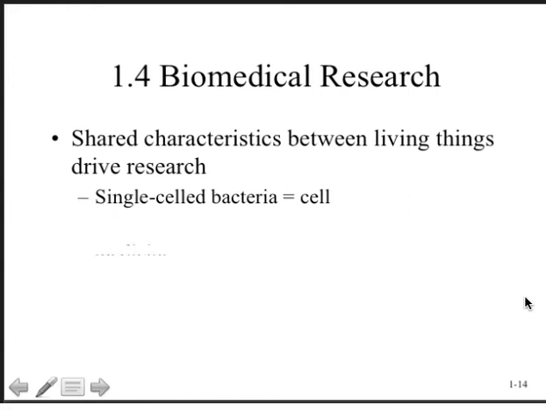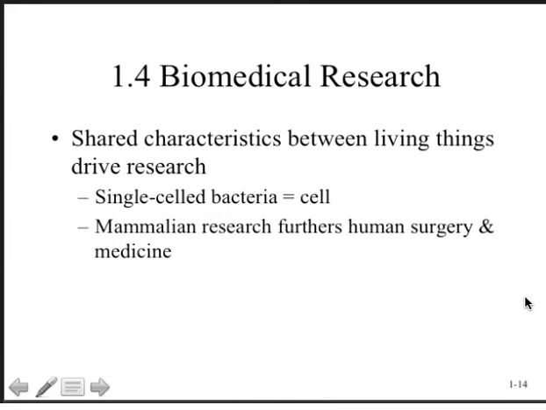We can step up to mammalian research, which will approximate the human condition a little more closely in order to study surgical techniques that we might use on humans and medicines that might be effective in treating human disease by either creating animal models of human disease or simply investigating the effects of drugs on healthy animals to determine whether they potentially could be harmful to human beings.